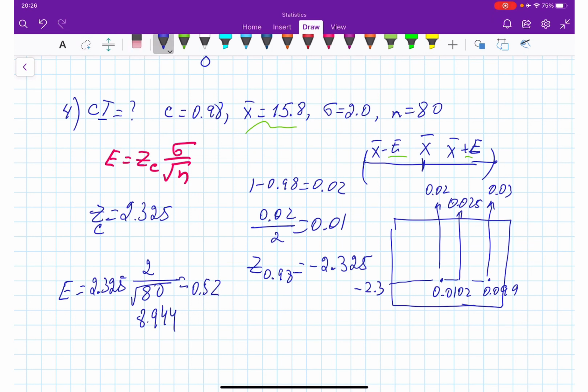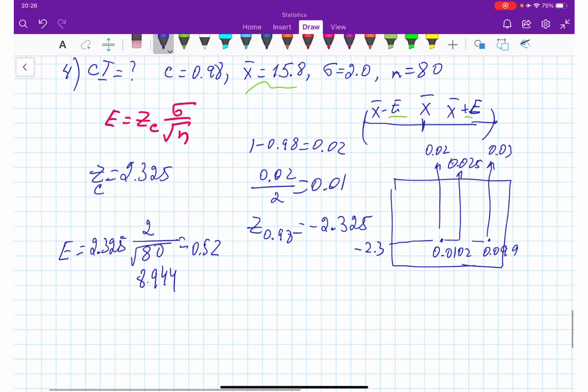So once we have margin of error, the confidence interval is going to be x bar minus error, right? And that's a confidence interval for population mean. So mu is greater than x bar minus error and less than x bar plus error. This is going to be our formula.